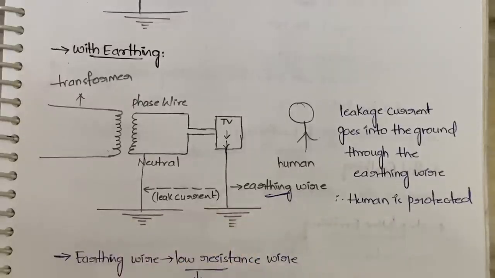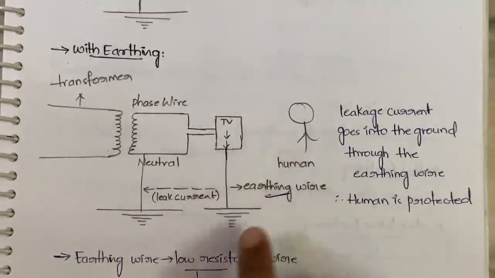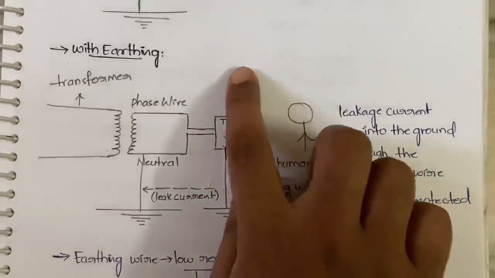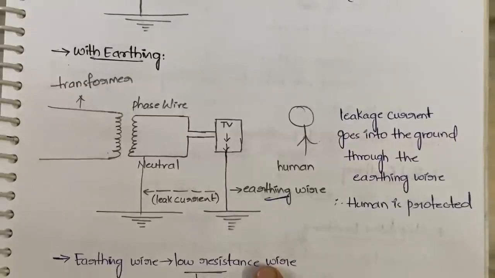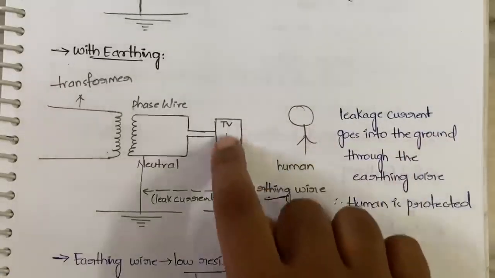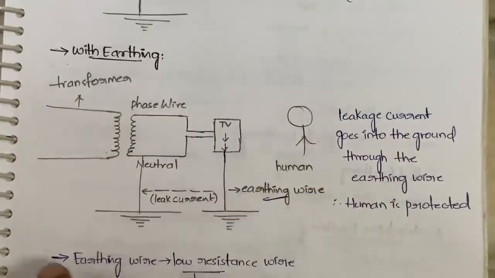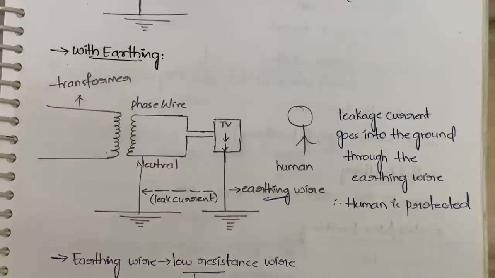But when there is no earthing, it is sent via the human being. So here there is no human being, right? Even if a human being touches this device, he will not get any shock, because the leakage current is sent through the earthing wire. So this is what happens when there is earthing.